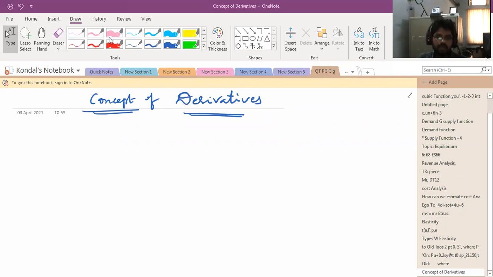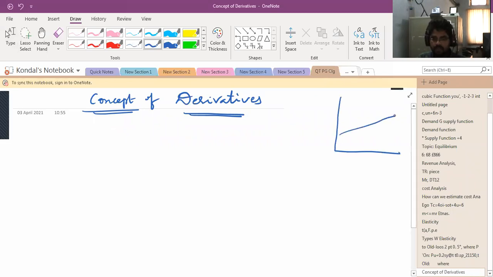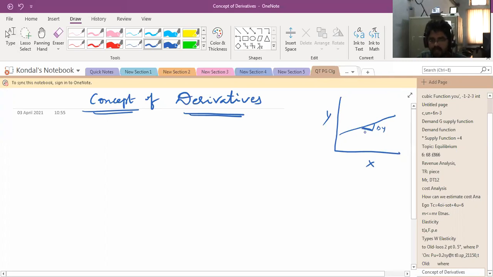For example, if you take curves, we generally take some graphs. This is the x axis, and this is the y axis. So that is the rate of change in y to the rate of change in x. We can say delta y by delta x.